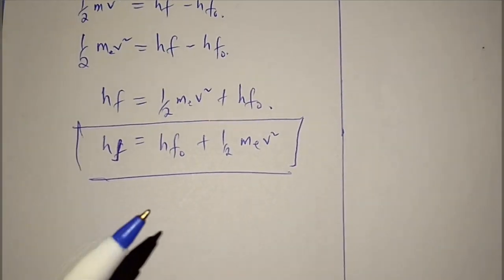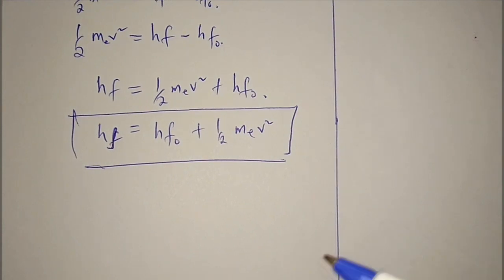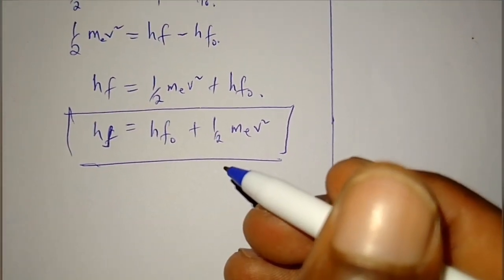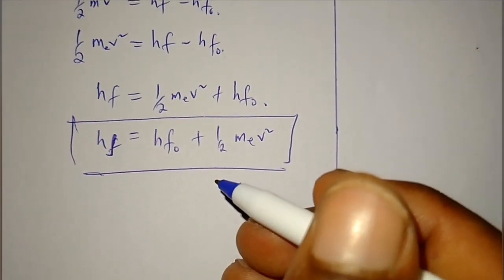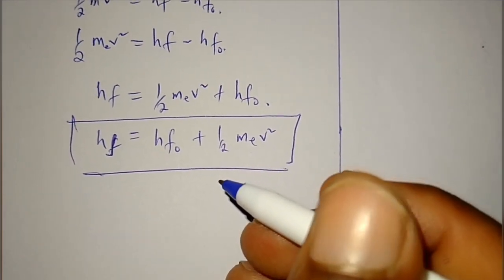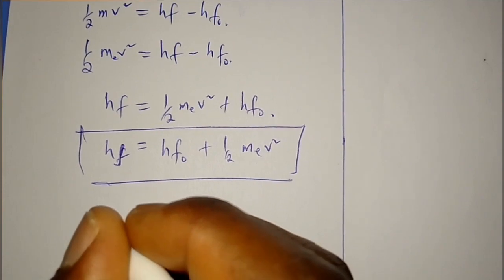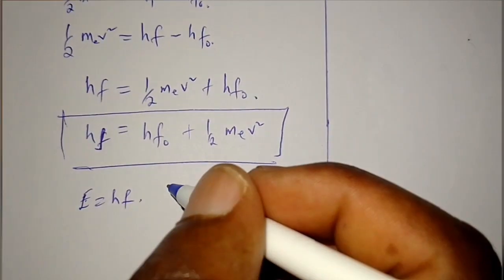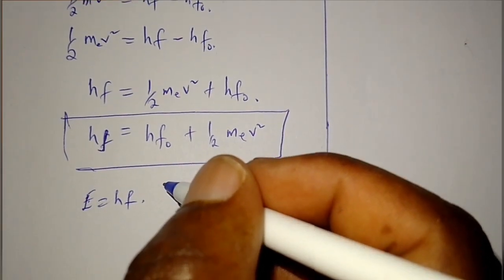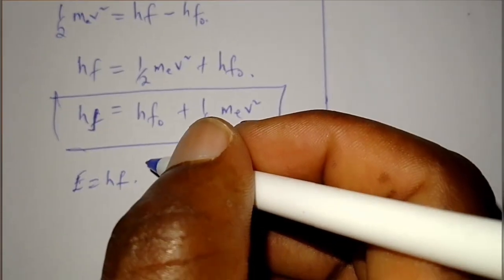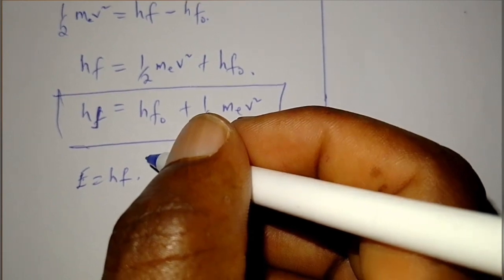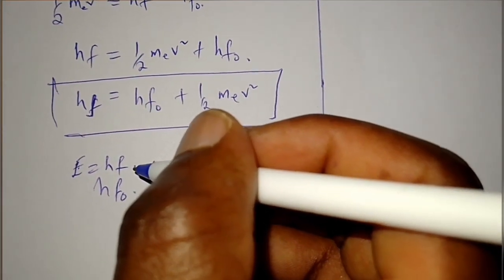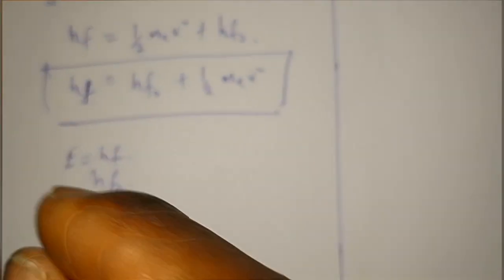Einstein's equation may be understood in terms of the conservation of energy. The energy of the incident photon, Hf, remember the energy of a photon is given by Hf, is transferred to the work done in removing the electron from the metal surface, Hf naught, plus the kinetic energy of the electron.